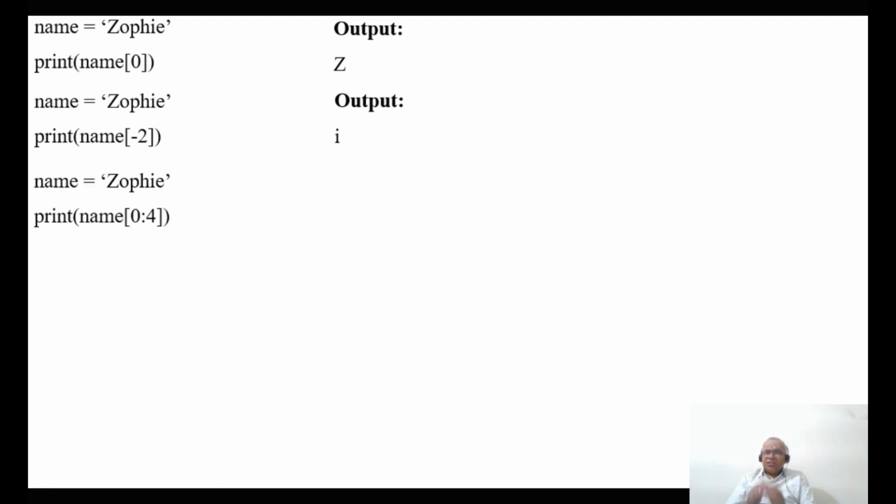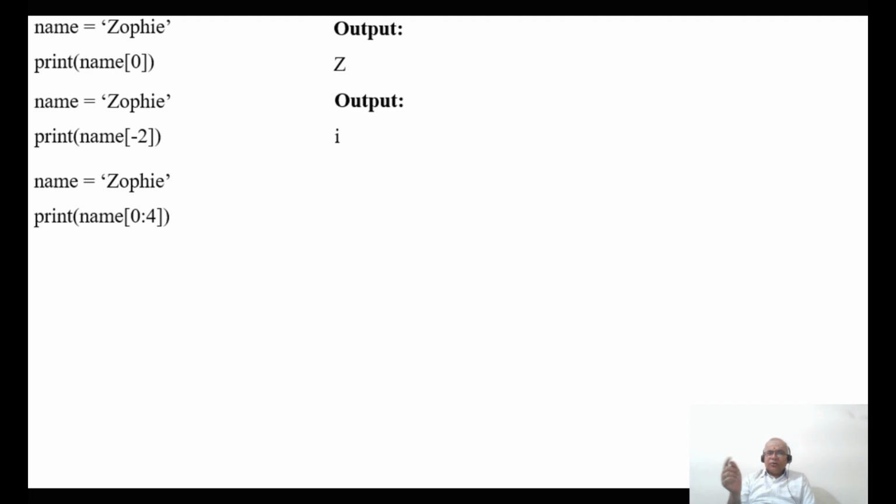Then, can I take a set of characters from that particular string? Yes. How does it start? Again, if I'm starting from left to right, it starts from the 0th index. And if I say print name within square brackets 0:4, what does it mean? I want to print the values of the name variable starting from the 0th index and ending at the 4th index.